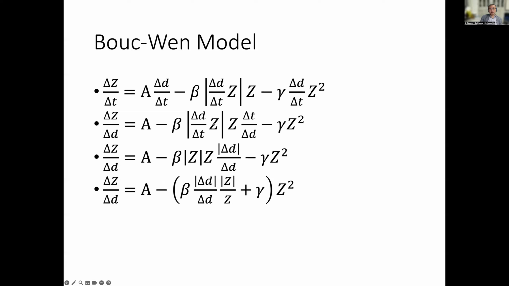And we can do a little bit of change if you like, because delta t can be deleted. So it becomes absolute of z, multiple z, and delta d absolute divided by delta d. We did a little bit before using this technique, using absolute of delta d of fp divided by fp itself.